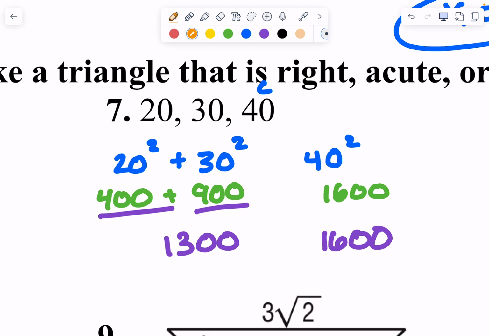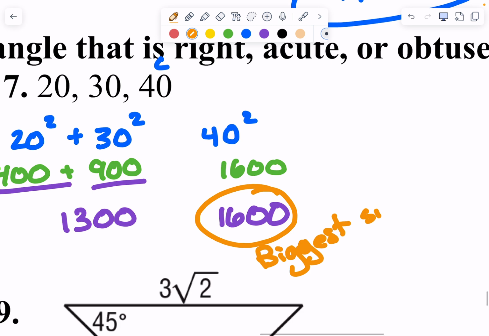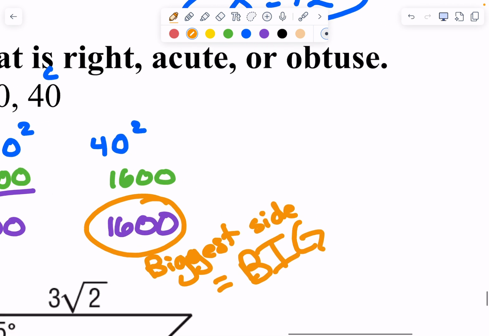1600, this was my biggest side. Is my biggest side a big side or a small side? Big side. My biggest side is big because compared to 1300, my biggest side is even bigger than that, right? Massive. When your biggest side is really big, is it acute or obtuse?